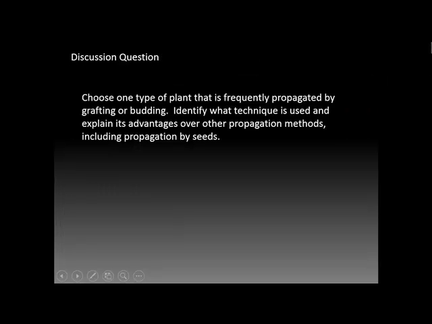So with that, I'm going to close out the content on grafting and budding, but I'm going to give you the discussion question of choosing a plant and doing some more research. Find a plant that's frequently propagated by grafting or budding, talk about the technique, and explain the advantages of that technique over other propagation methods for that plant, including propagation by seeds.